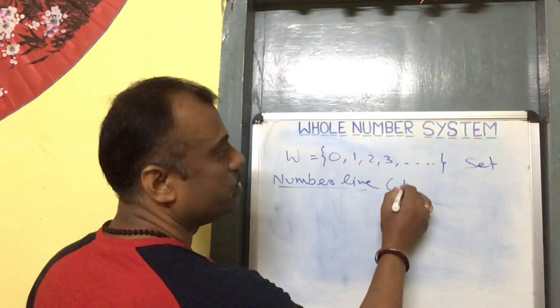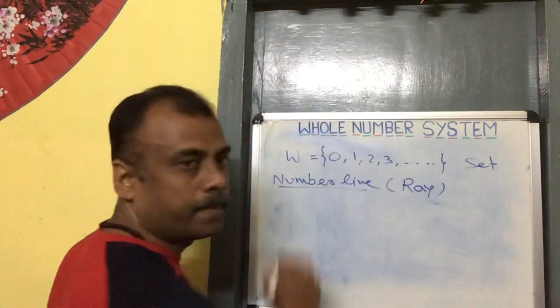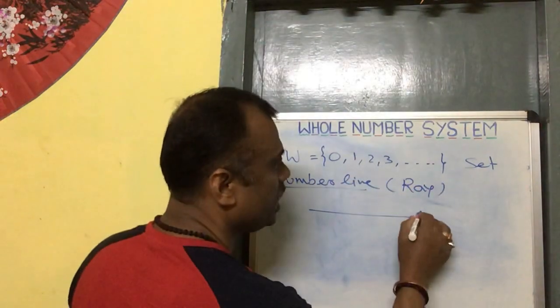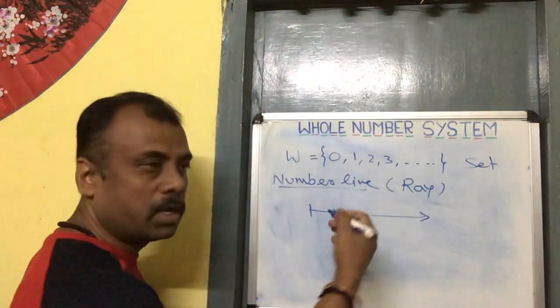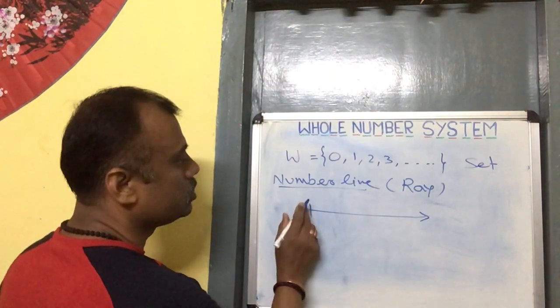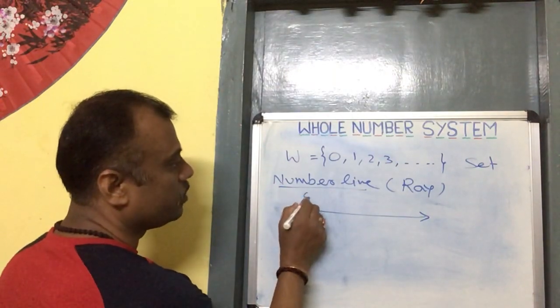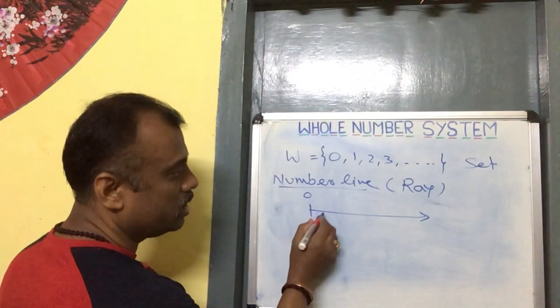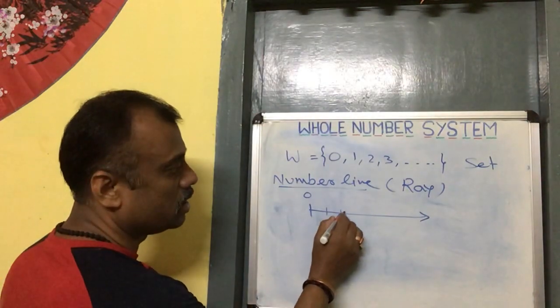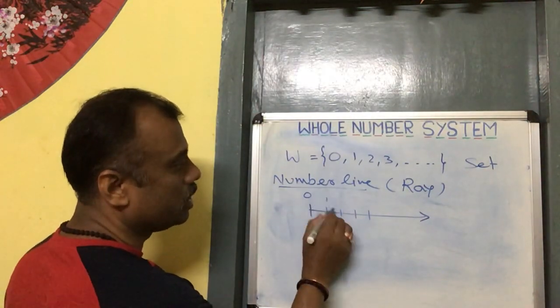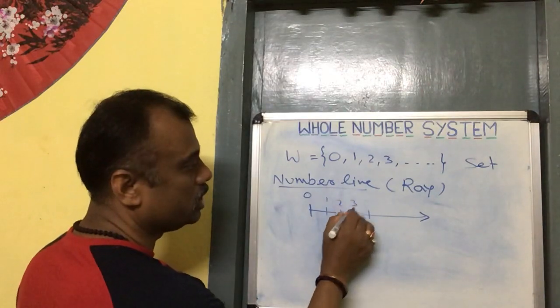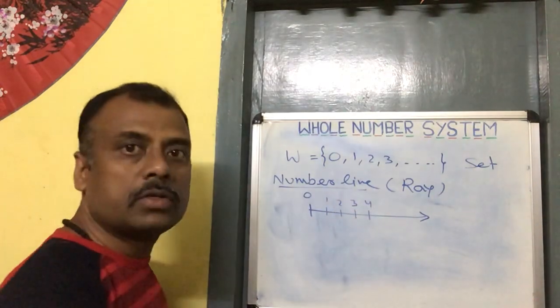So I will show it with the help of a ray. Since a ray has one end and the other has no end, we start from 0 and mark equal distances and put the numbers 1, 2, 3, 4 and so on.